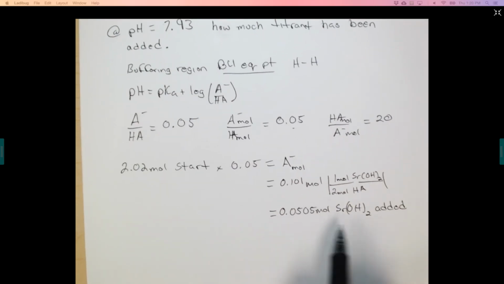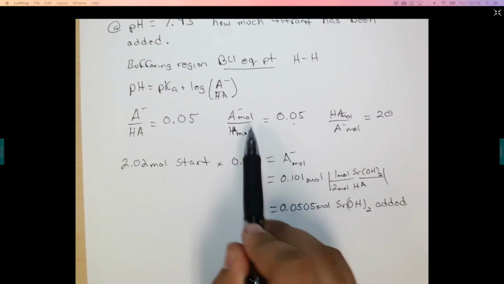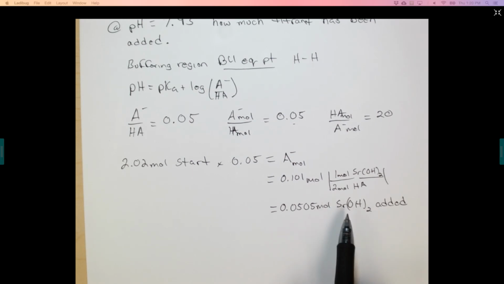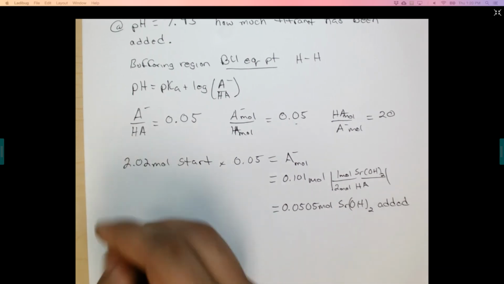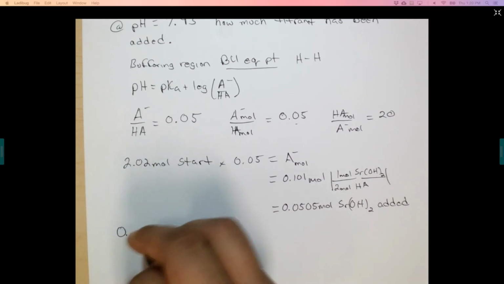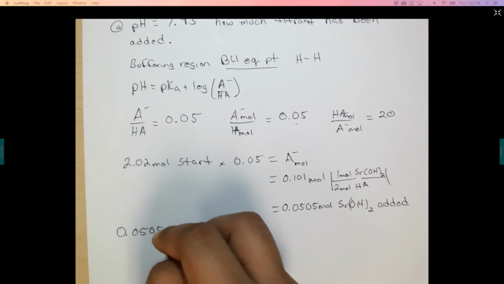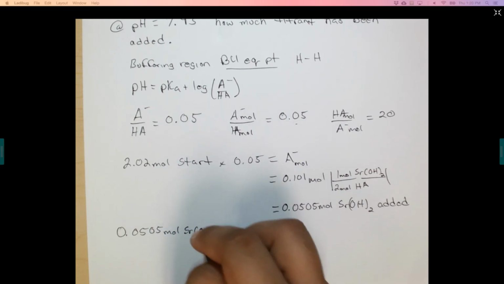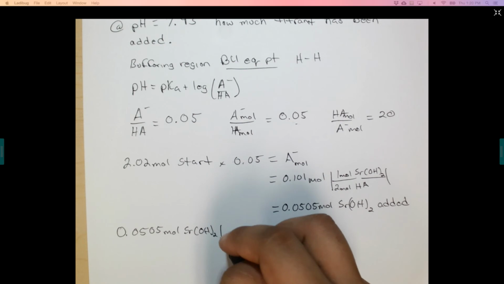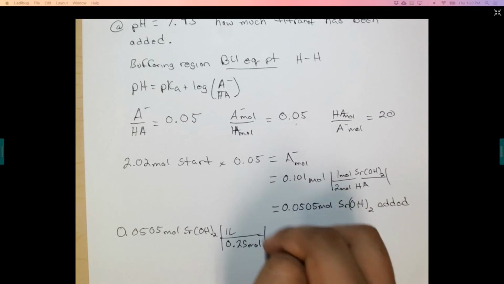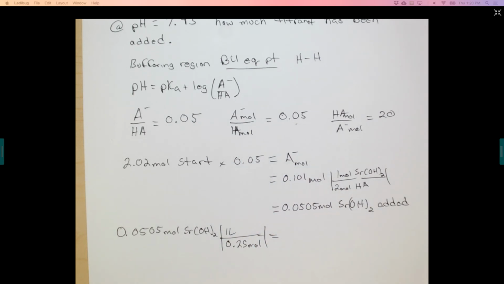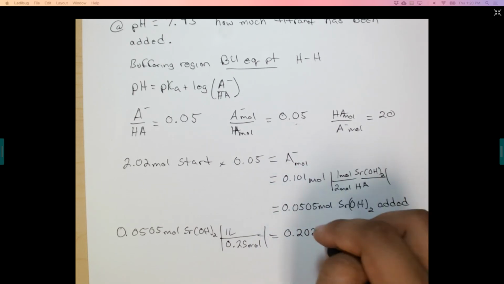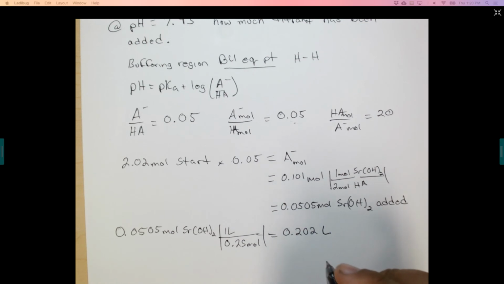Okay, so now that we know from our ratio how much of this needs to be added, we can convert that into a volume. We have 0.0505 moles of Sr(OH)2, and we know that for every 1 liter there are 0.25 moles, and therefore we have 0.0505 divided by 0.25, and we're looking at 0.202 liters, which is less than the 1 liter that we work with, which makes sense.